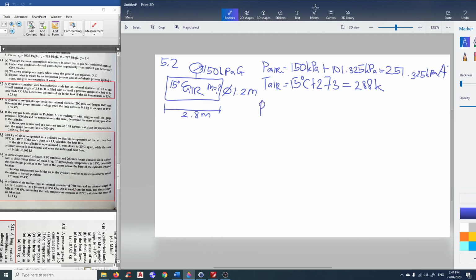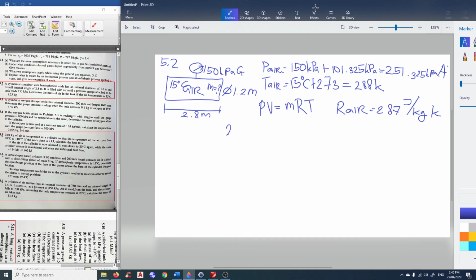We're going to use this formula, PV equal to mRT. R for air is 287. That is given on your formula sheet, and the unit is joule per kilogram Kelvin.